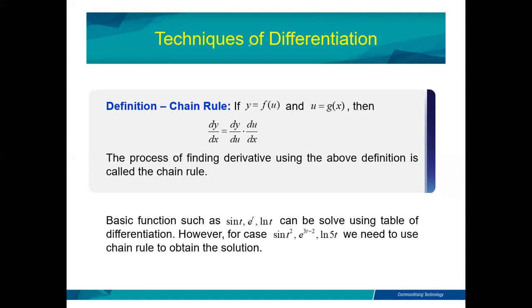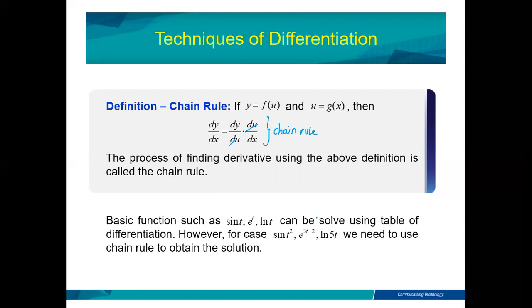It is like when you simplify the du, you get dy over dx. The process of finding a derivative using this definition is called the chain rule.